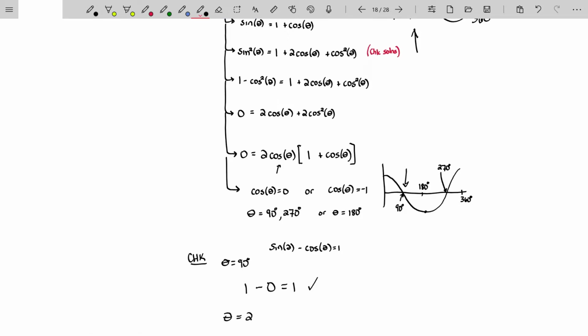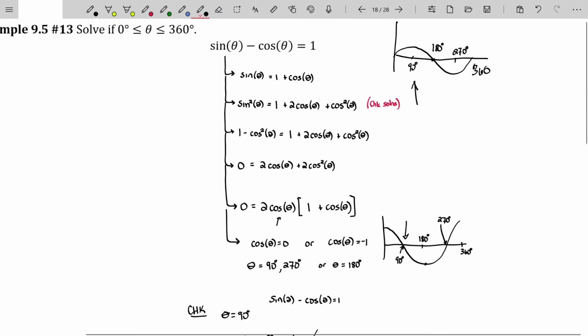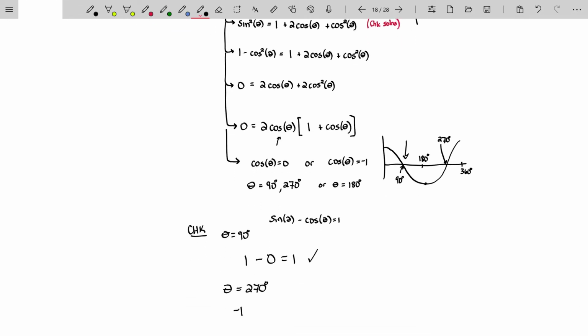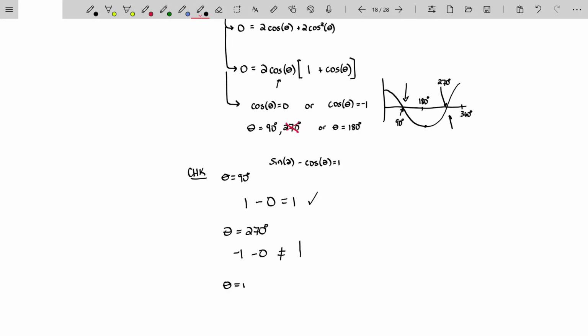At 270 degrees, let's see, sine of 270 is -1. Cosine of 270 is 0, which is not equal to 1. So I'm going to throw out the 270 degree angle, and then I'll check the 180 degree angle.